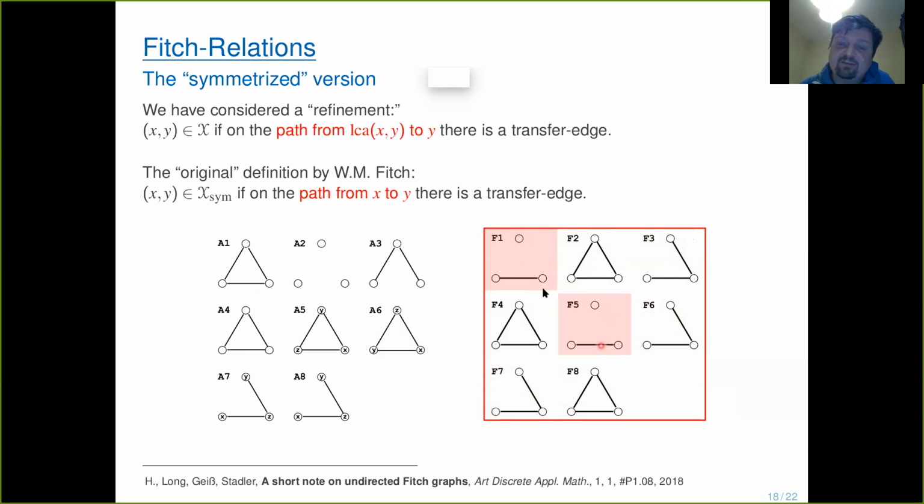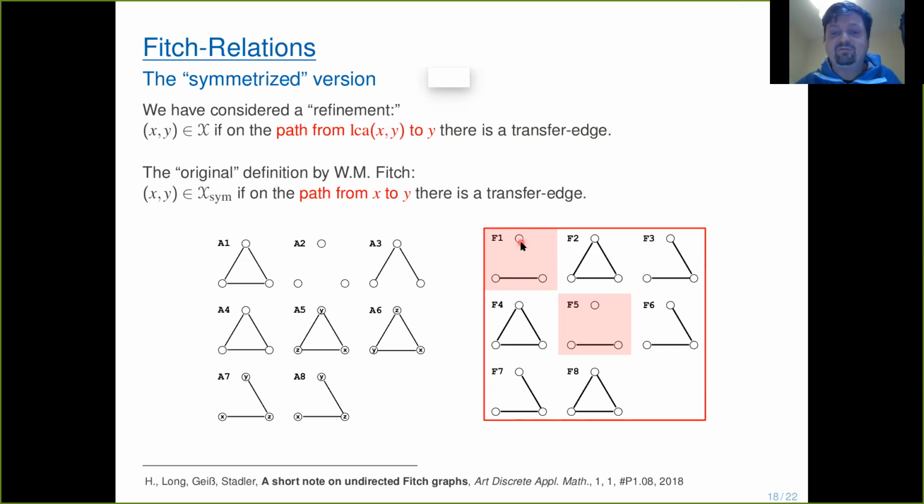The only remaining subgraph is an edge with an isolated vertex. Whenever you have a 3-vertex subgraph that is isomorphic to an edge and an isolated vertex, then you know it's not a symmetrized Fitch relation. And for those that are very familiar with the topic, what is the characterization of complete multipartite graphs?